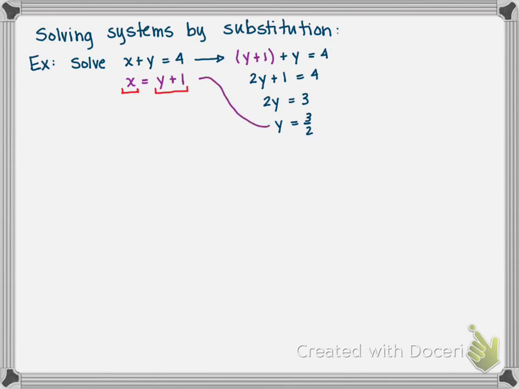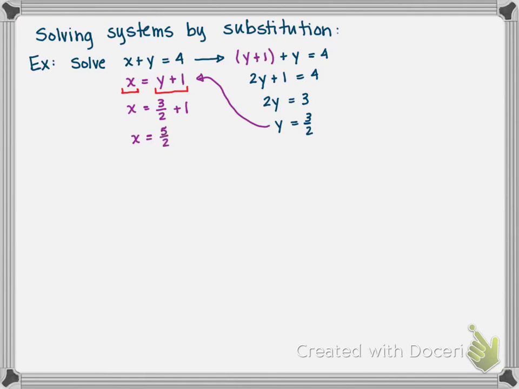It's pretty handy because this equation, again, tells me that x is equal to y plus 1. So we're going back into that equation, and we get x equals 3/2 plus 1, which is 5/2.